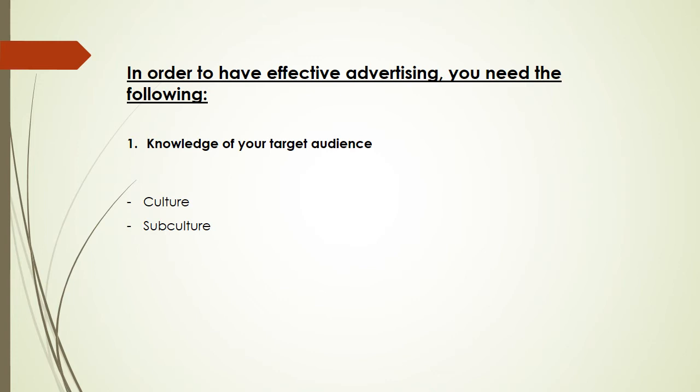So when you determine your target audience, you need to look at the culture, but you also need to look at the subculture. Also, you need to look at social mobility. Now, this refers to a person's income and social status, and whether they are or want to move out of that specific status.